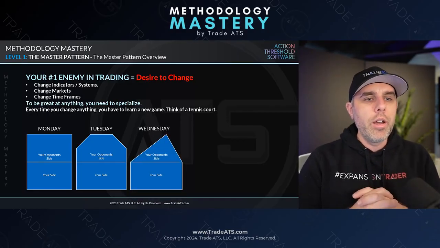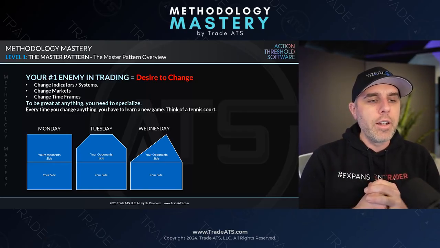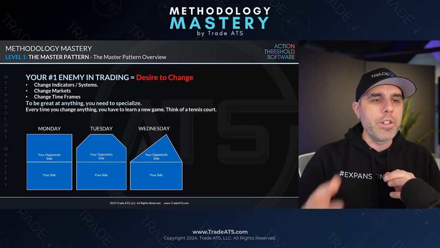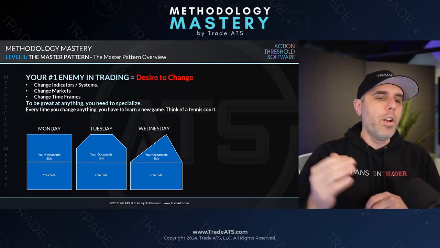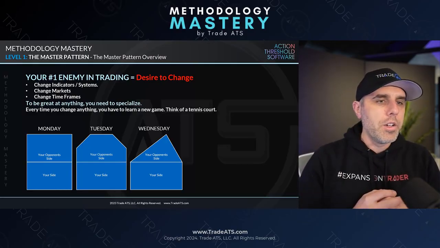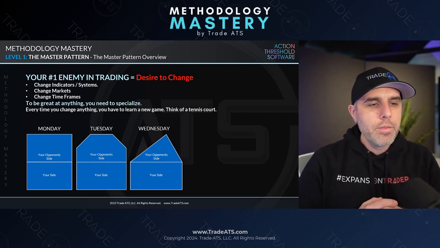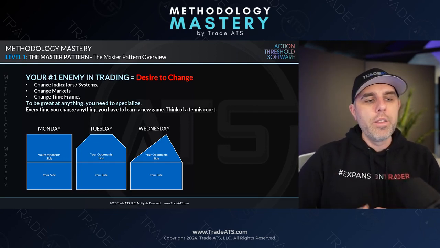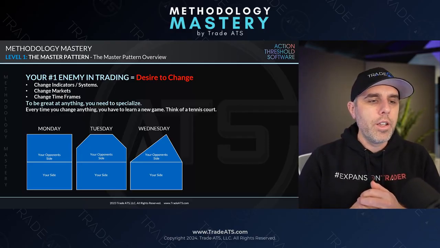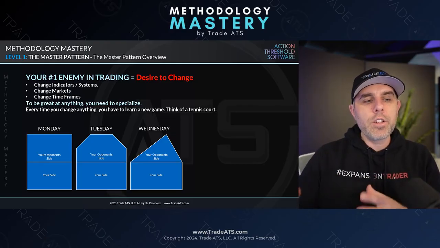Okay, now we go to Wednesday. If you change again, now the boundaries have changed again. And we could even add other things to this just so you guys fully get the analogy. It's not a perfect analogy, but changing your system could be changing the net height. On Tuesday, it was at standard height. Now it's a foot higher. You could still play, but the way you're swinging, the way you're adjusting your approach, you're changing the rules. And now you have to get accustomed to that new thing.